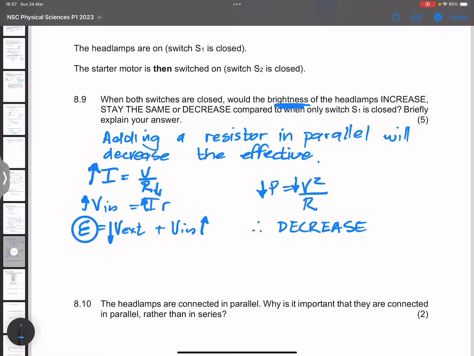I said adding a resistor in parallel will decrease the effective resistance, or you can say the total resistance of the circuit, right? If I decrease total resistance, I know current will increase. That will increase V internal, and that will in turn decrease V external, okay? And of course, power is dependent on that external voltage, and so the brightness will decrease, right?